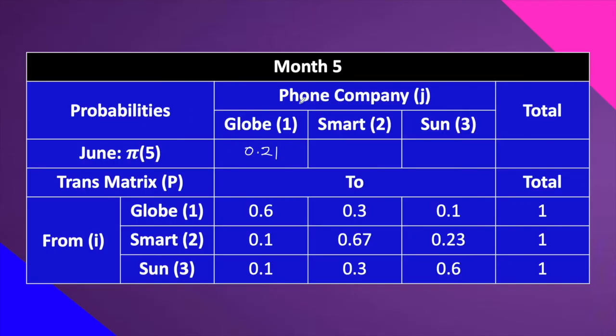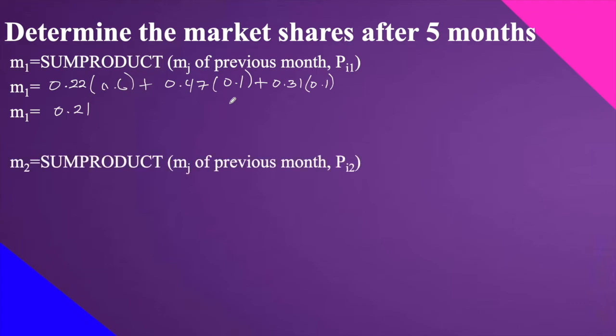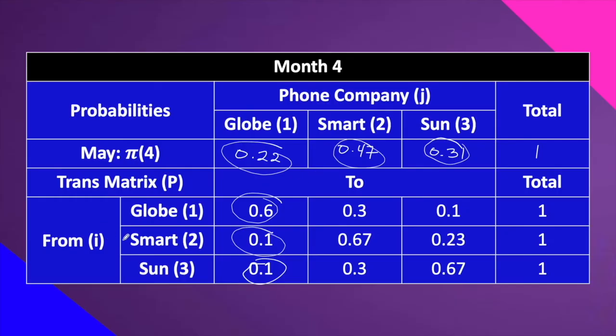Ayan, this is our month 5 table for June, no? And we have pi 5 na, or again vector of state probabilities na for the 5th month. Okay, next we have now the M sub 2 or the market share for our second player in the market, which is the Smart. Formula natin, some product of the M sub J of previous month and the P sub I2. Ito po yun, yung column na yan.